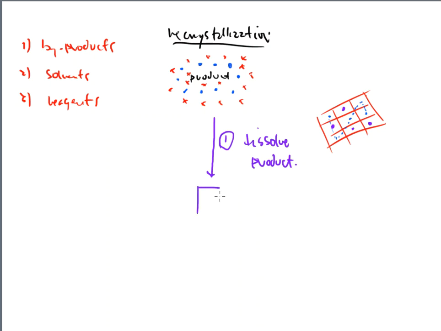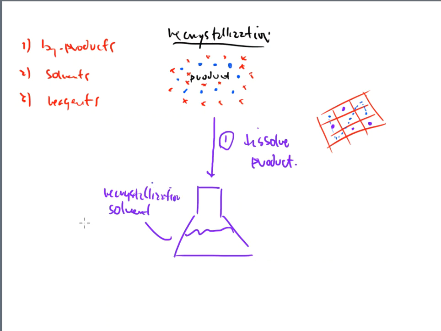So what happens is that in my flask, I will have a liquid, and that liquid is typically some type of solvent that we call our recrystallization solvent. Now, sometimes this is fancy.